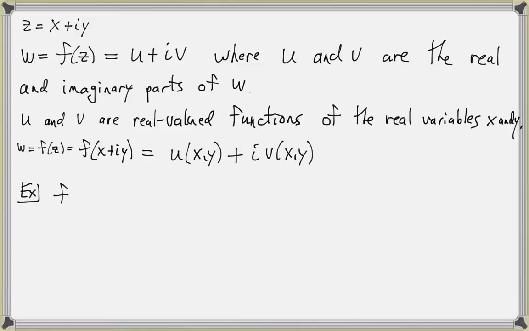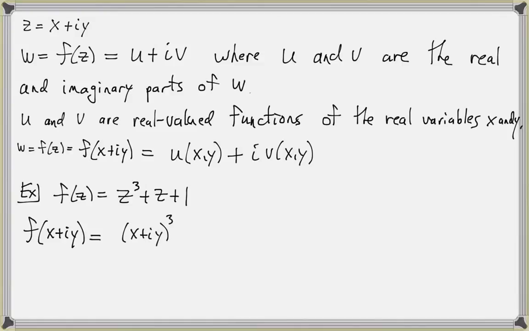So let's let f of z be defined by the formula z cubed plus z plus 1. To break this up into real and imaginary parts, I'm going to write z as x plus iy, and we see that this will equal x plus iy quantity cubed plus x plus iy plus 1.